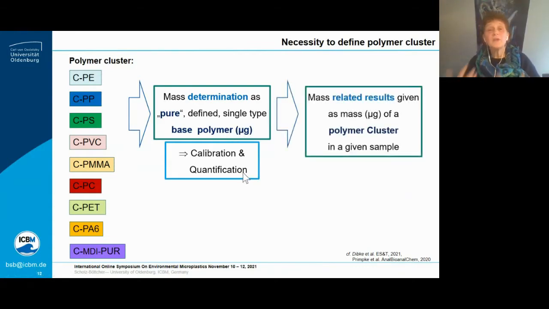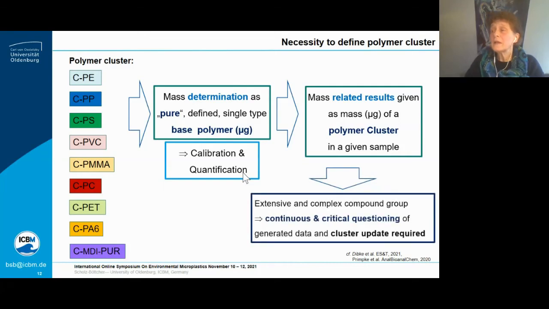But for giving results for the respective polymers, we definitely have to speak about polymer clusters for a given sample and for further data comparison. And these clusters should be continuously and critically questioned and also updated as soon as new compounds have to be included for a reliable data presentation.